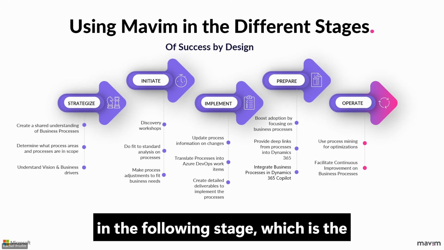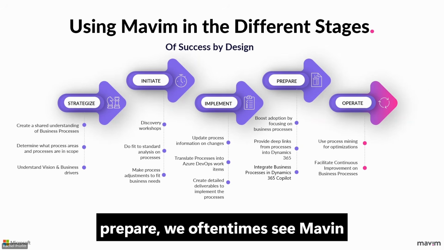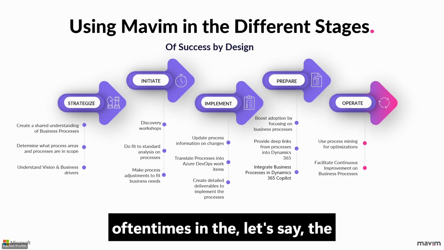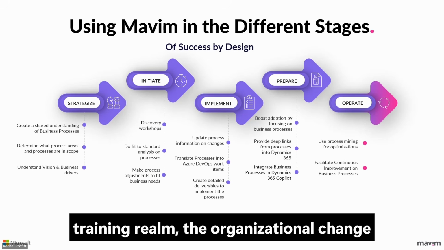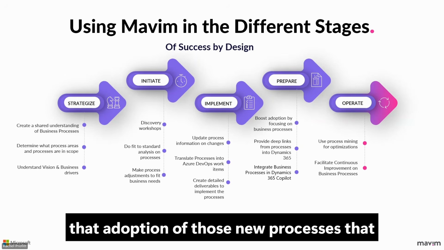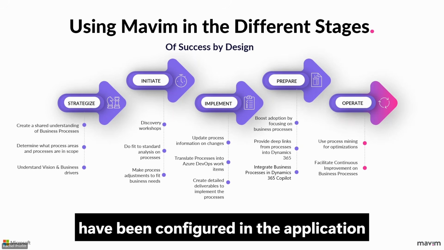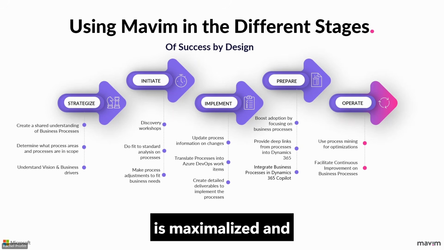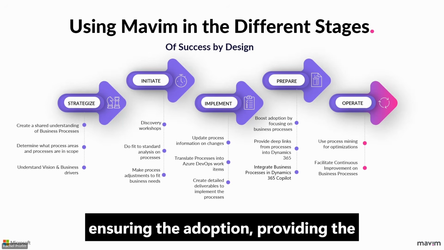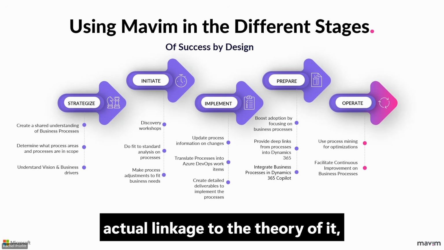As well as in the following stage, which is the prepare. We oftentimes see Mavim being utilized in the training realm, the organizational change management, the preparation of the organization, ensuring that adoption of those new processes that have been configured in the application is maximized, providing the actual linkage to the theory of it, right?